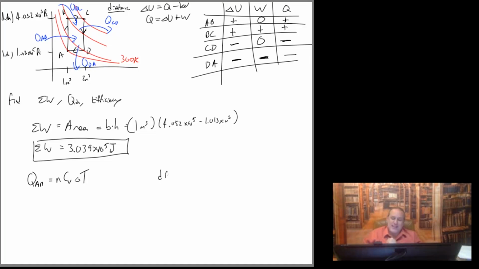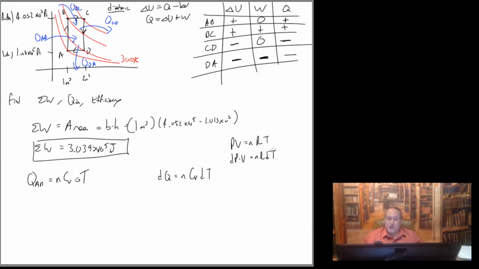So we have dQ equals nCV dT. And then we take the ideal gas law, PV equals nRT, and we differentiate it. But we can differentiate it saying to ourselves that the volume is constant on this process, right? On A to B, the volume's constant. So when I take the derivative, this is just dP times V equals nR dT.